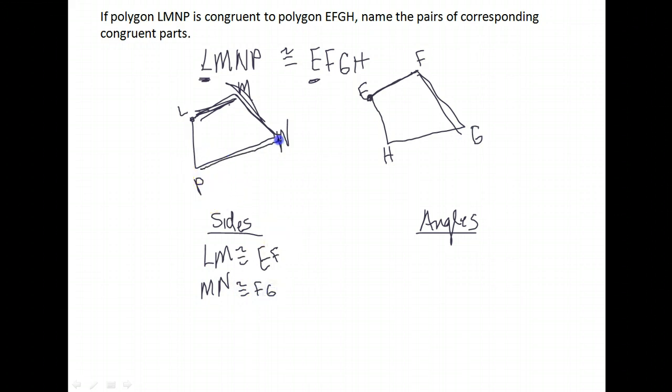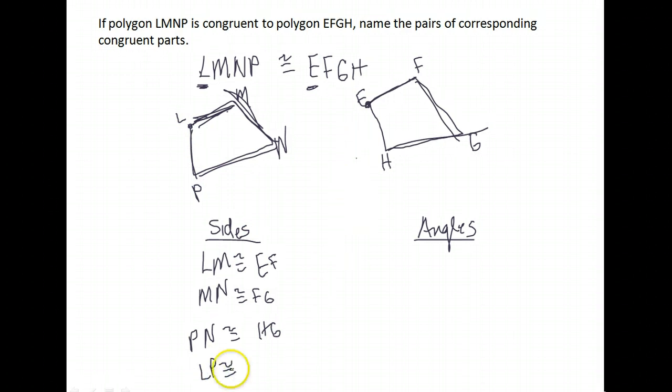The bottom here, PN, should go with the bottom here, HG. And one more, our left side, LP, should go with our left side, EH.